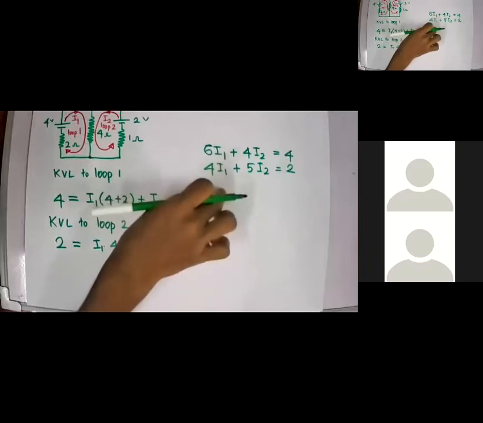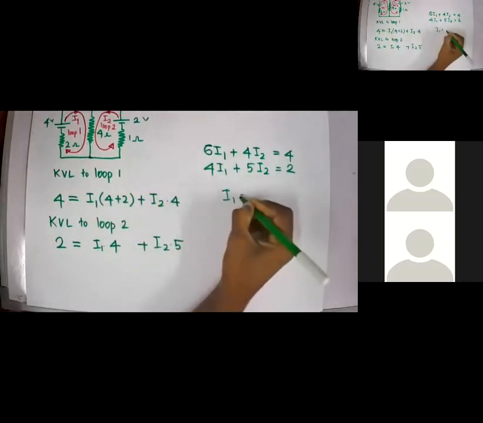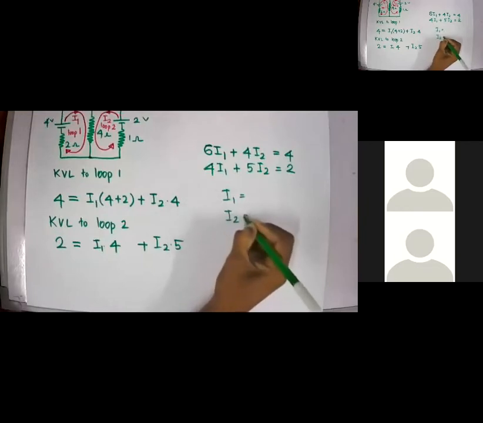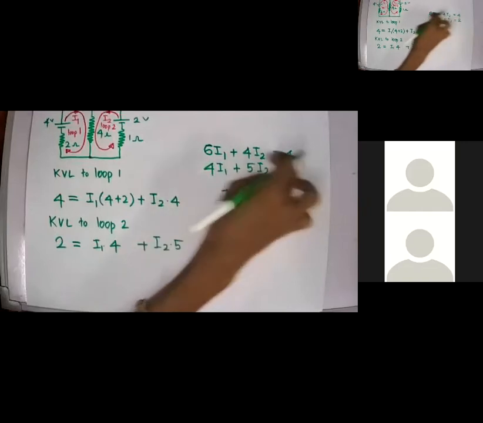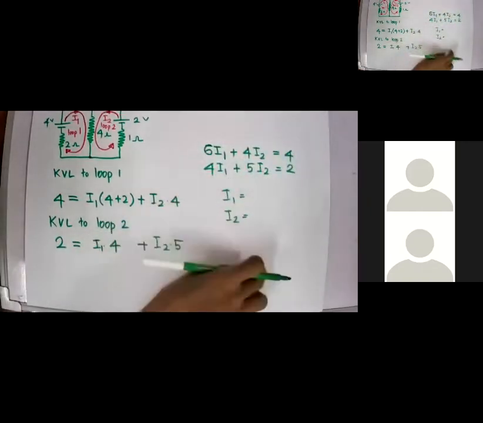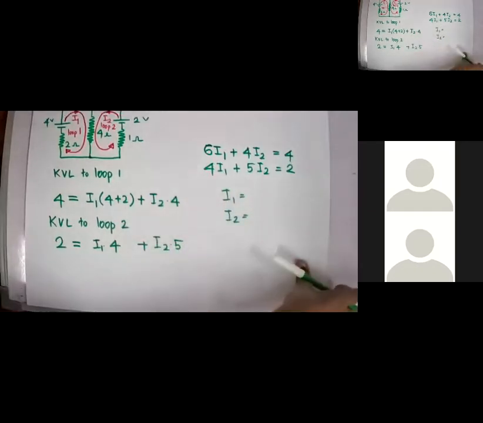You can solve these two equations and you can get the current values of I1 and I2. Clear? I'll leave it to you, right? You try solving this one by yourself and let me know the answers.